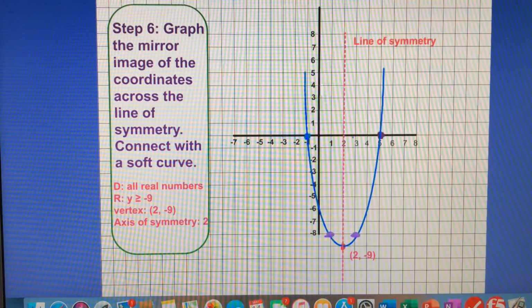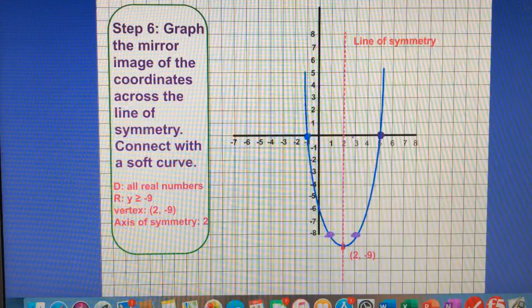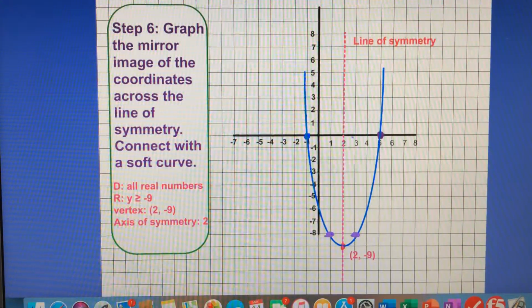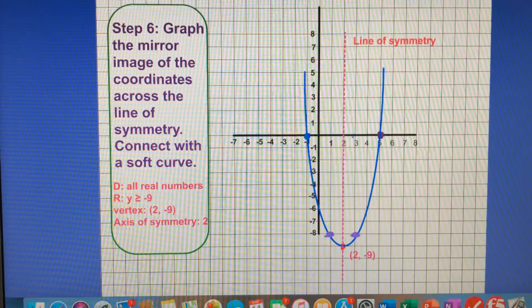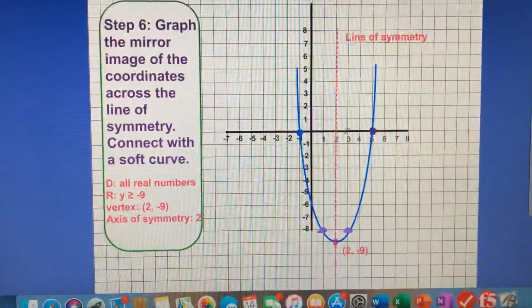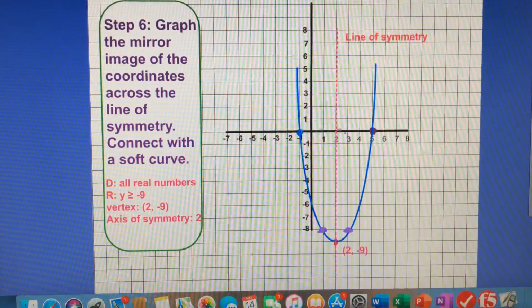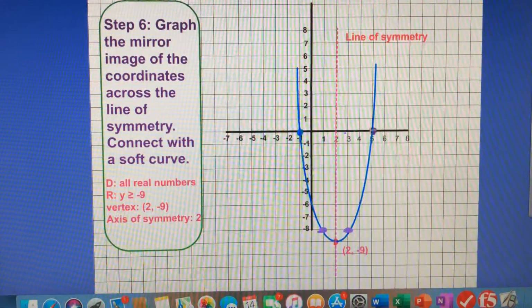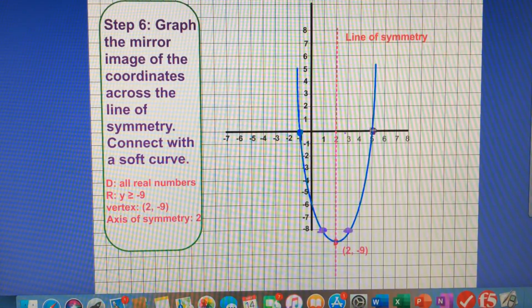Hence the word line of symmetry. Axis of symmetry means if I fold my paper over on that dashed line, I can duplicate the right-hand side. I also can count the actual spaces, count how many units are to the left, make the same number of units to the right, and put in my data points, and I can complete my parabola.